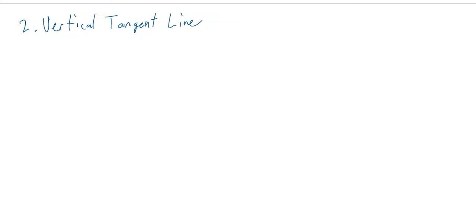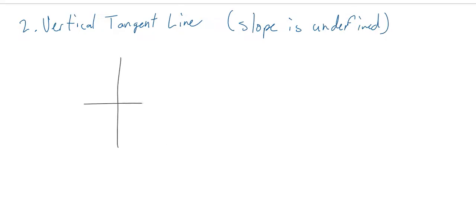The graph we looked at was like this, like a cubic lying on its side. So this is a. It's not an asymptote. It's a vertical tangent line. It has a slope that's undefined. The function exists there.